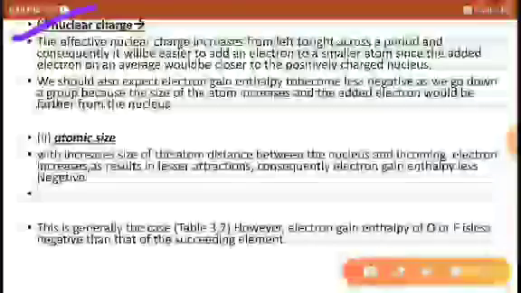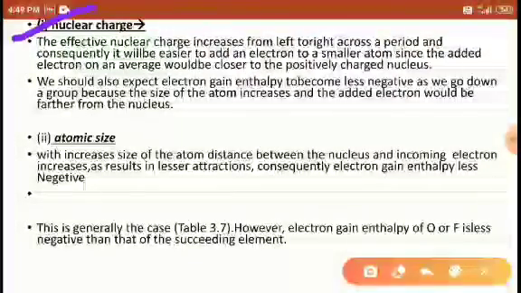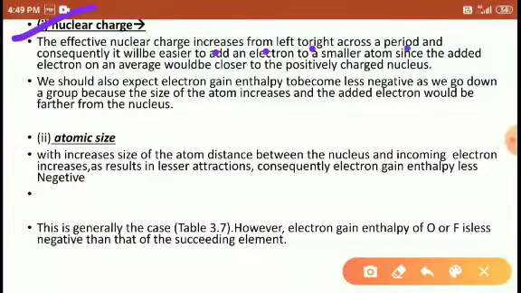So effective nuclear charge increases from left to right across the period. Consequently, it is easier to add an electron to a smaller atom, since the added electron would be closer to the positively charged nucleus. Right, students? Effective nuclear charge, as we have already discussed, is the attraction from the nucleus to the electron.